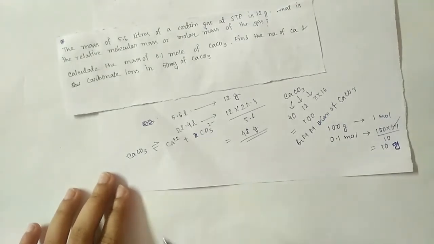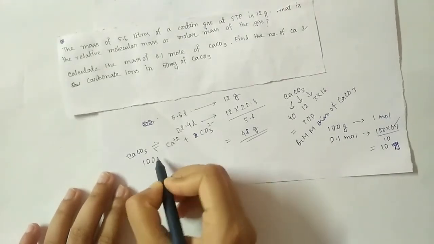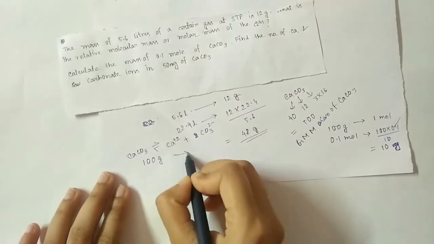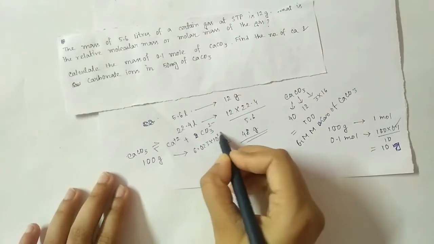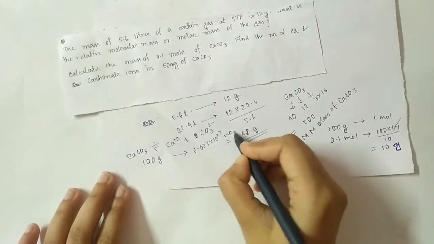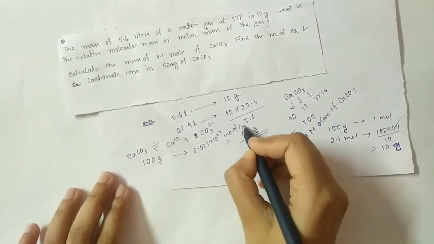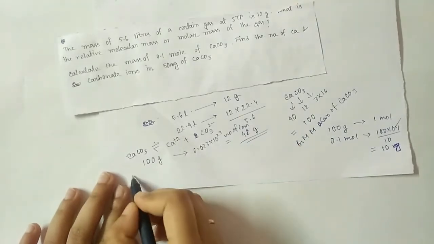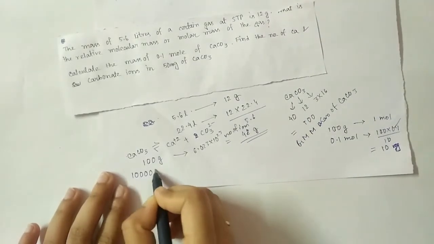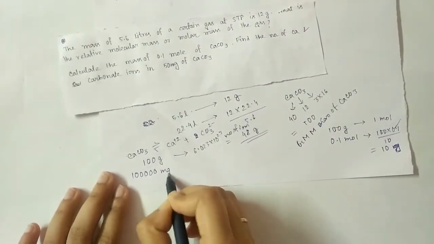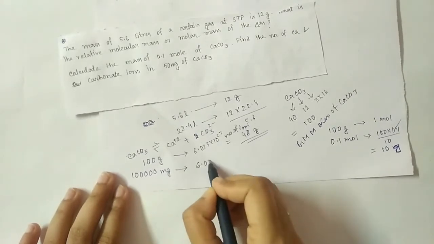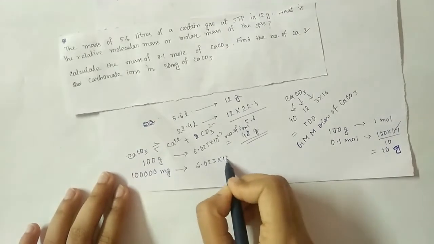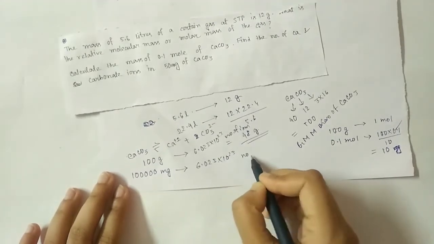And now we can say that in 100 gram of CaCO3 there is 6.023 into 10 to the power 23 number of ions. It means in 1 lakh mg of CaCO3 there is 6.023 into 10 to the power 23 number of ions.